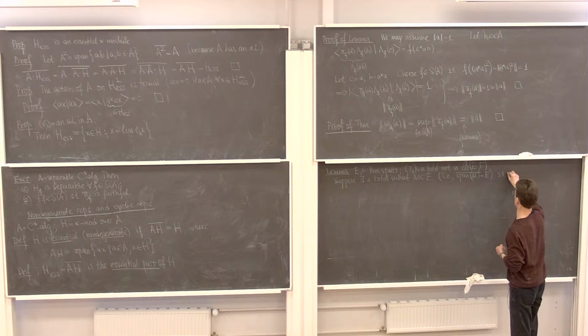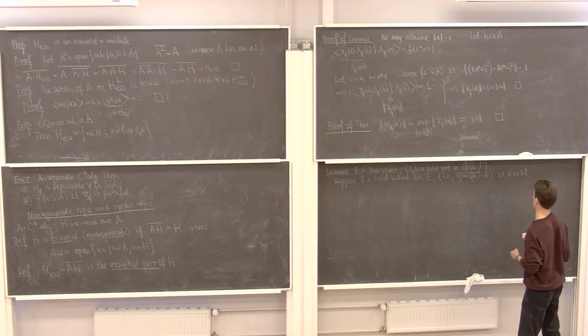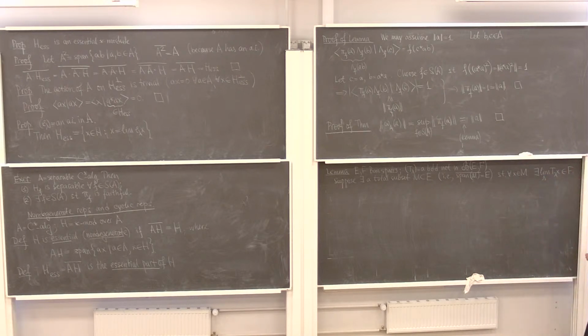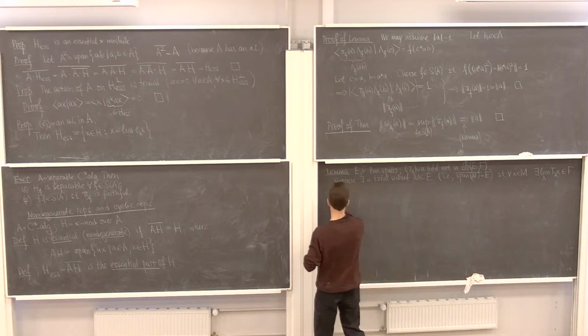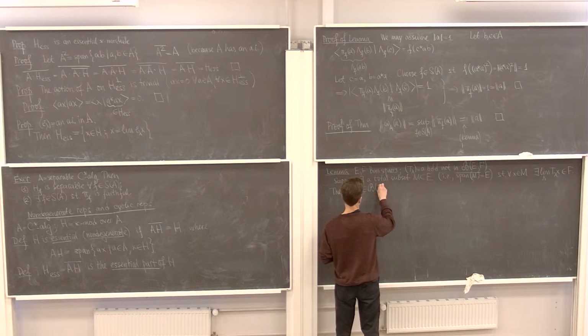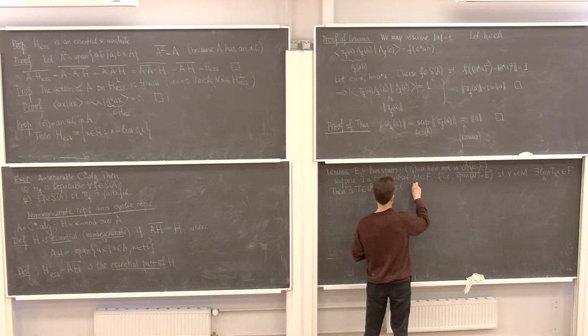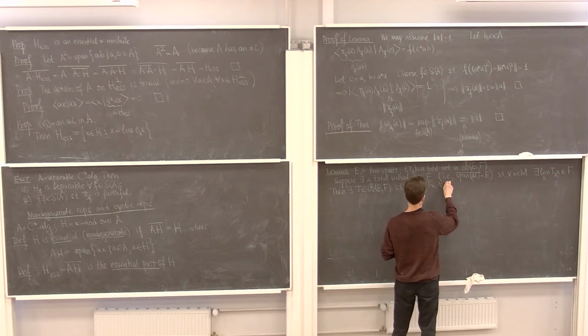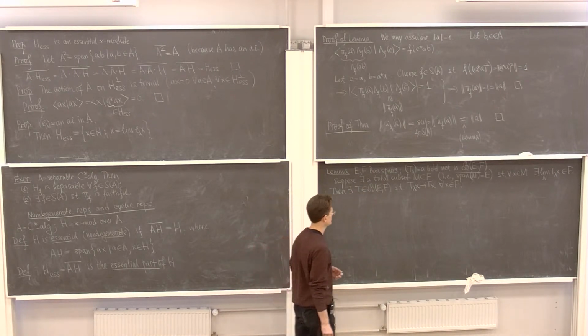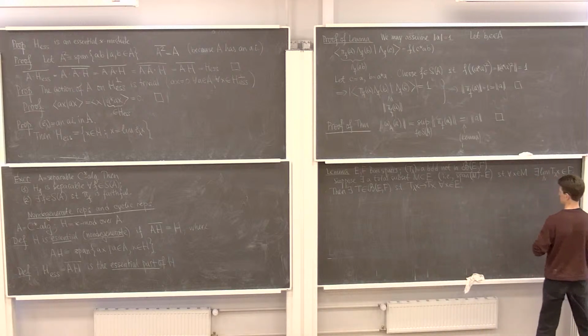Such that for every x in this set M, there exists a limit of T lambda x in F. So T lambda converges pointwise on M. Then I claim that there exists a bounded linear operator T from E to F such that T lambda x converges to T of x for every x in E. So in other words, the pointwise convergence of a bounded net on a total set implies the pointwise convergence everywhere.